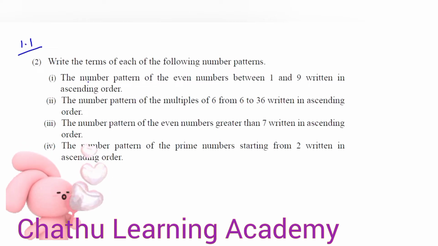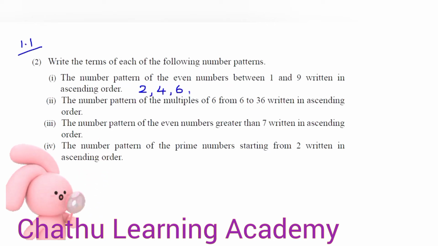First one, the number pattern of the even numbers between 1 and 2, written in ascending order. Ascending means the value should increase. Here we can write this number pattern from 2: 2, 4, 6, 8. Here only 4 terms.